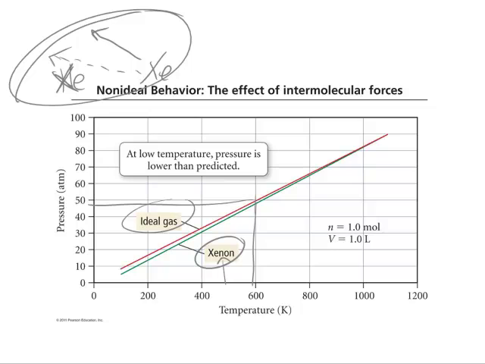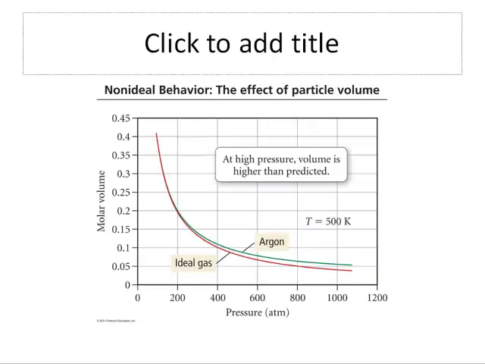The next assumption that we've made is that the size of the gas molecules is small relative to its container. And that, of course, is going to be true, except at really, really small volumes or really, really high pressures.